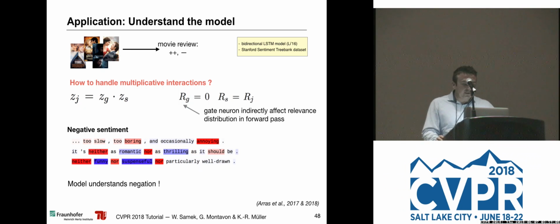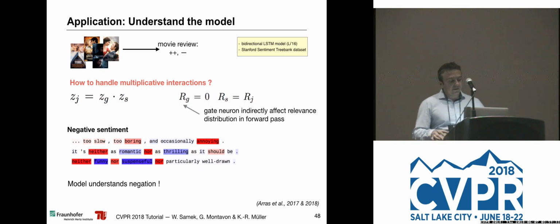When you predict negative, all these sentences have negative sentiment. You see, for example, too slow, too boring, and occasionally annoying. It was movie rating, and you see that annoying is very relevant for this negative rating, which makes sense. But also words like: it's neither as romantic nor as thrilling as it should be.